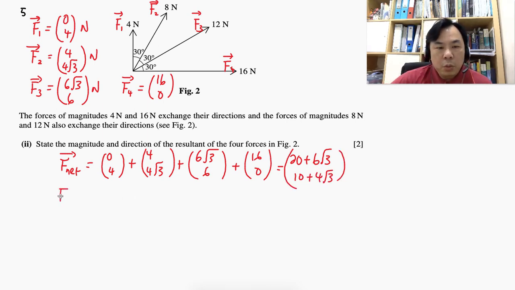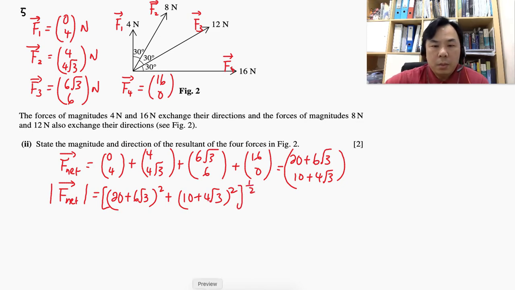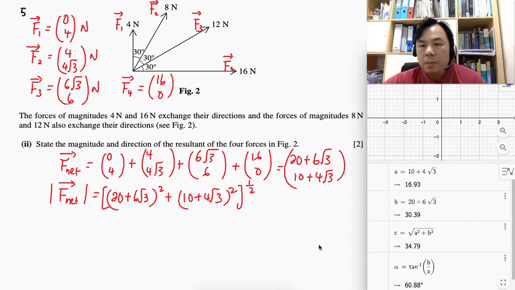Now magnitude wise, the magnitude of this resultant force, would it still be the same or not? Okay, let's check that out. That is the same as 20 plus 6 sec 3, squared, plus 10 plus 4 sec 3, squared, and then we're going to square root this. Okay, let me get my calculator one more time.